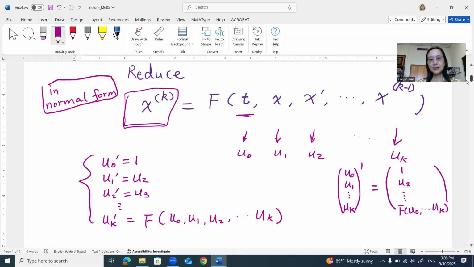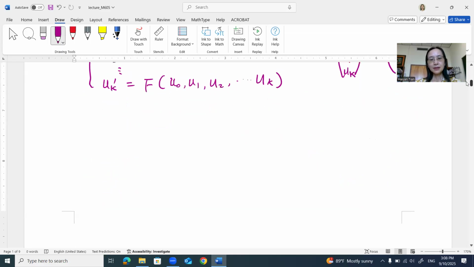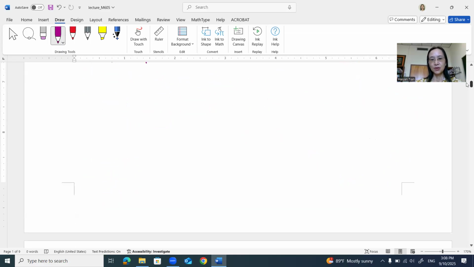So now let's look at an equation that is kth order.